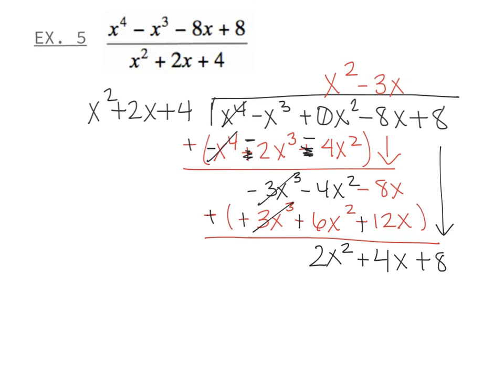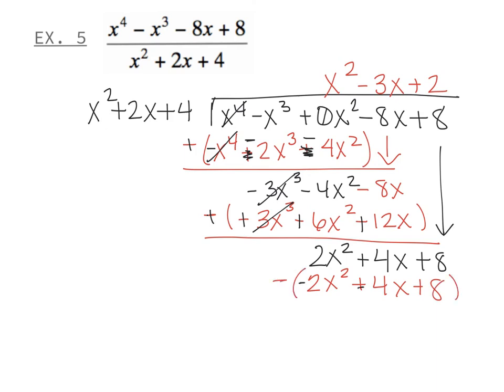So I need x squared to become a 2x squared. So I need to multiply it by a positive 2. So 2 times the trinomial that I'm dividing by will give me 2x squared plus 4x plus 8, parentheses minus.